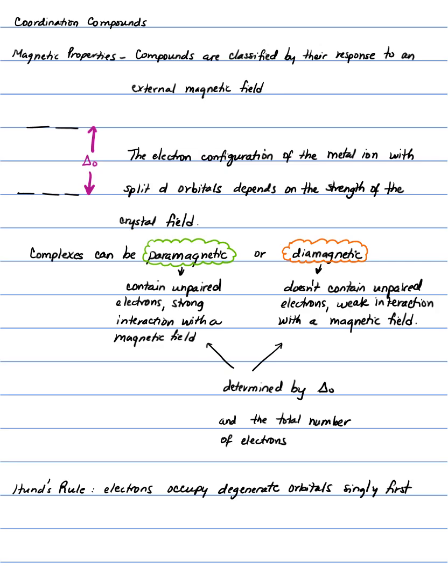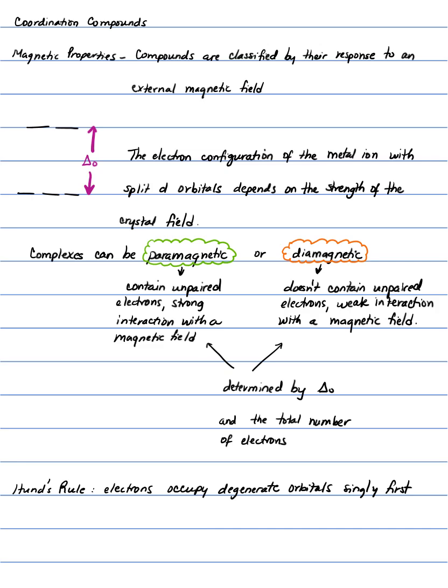For Hund's rule, when you're placing the electrons in your orbitals, if the orbitals have the same energy, which means that they're degenerate, your electrons are going to occupy the orbitals singly first. So one electron at a time until you don't have more orbitals with the same energy, and then the electrons are going to start pairing up.